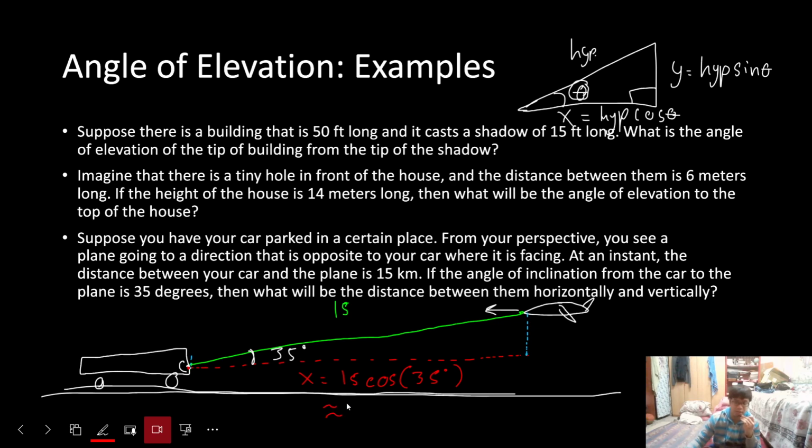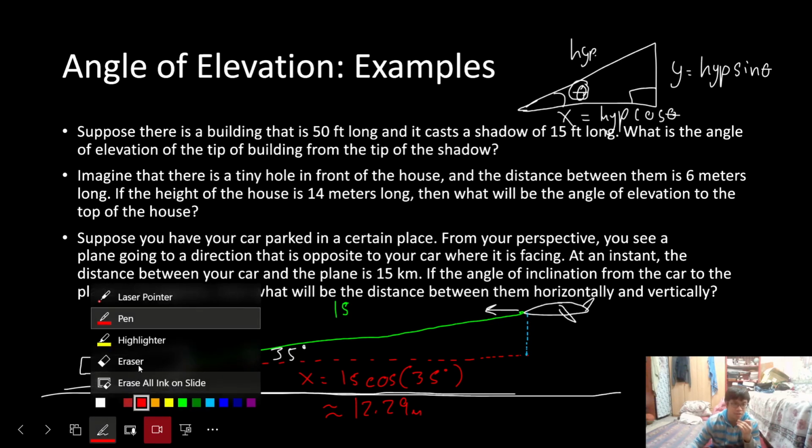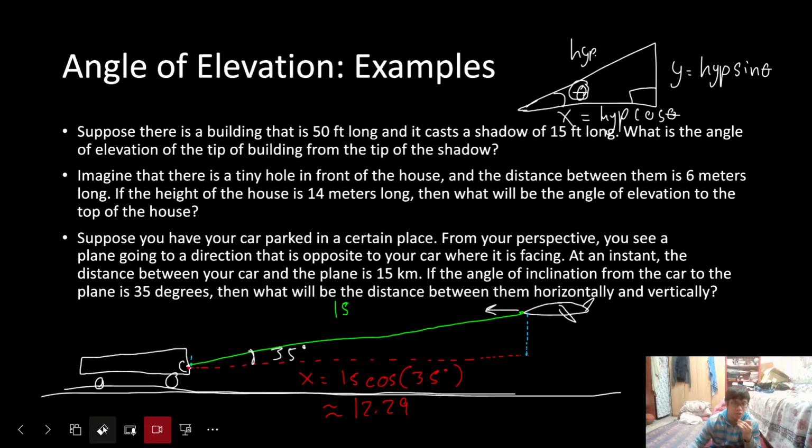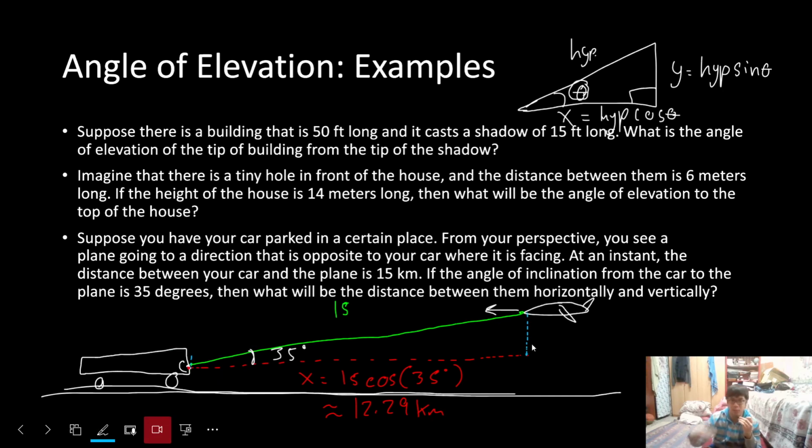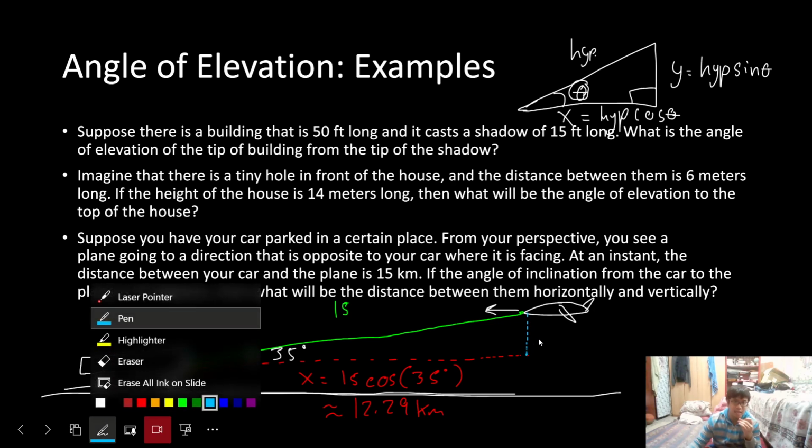Approximately, if we use our calculator, this is approximately 12.29 kilometers. That is the horizontal direction. Now, for the vertical direction, the distance between the car and the plane vertically speaking, you're going to use hypotenuse times sine.